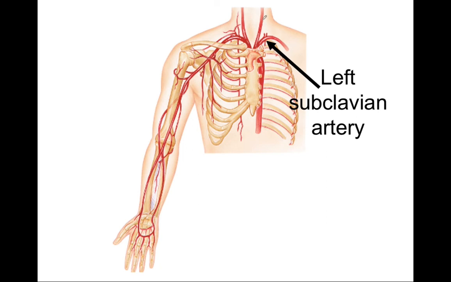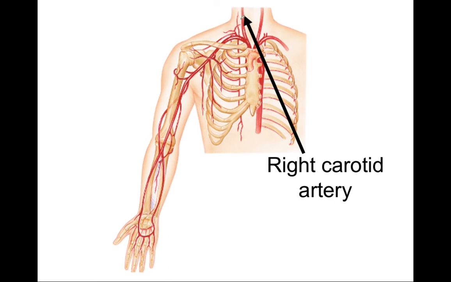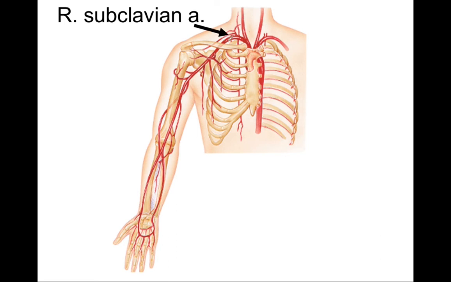We have two common carotid arteries that course up the neck and two subclavian arteries on either side. Here you can see the right common carotid artery and the right subclavian artery are both branching out from the brachiocephalic artery. So you'll need to be able to identify where each of these vessels are found, and you'll also need to be able to locate these vessels on the cat.